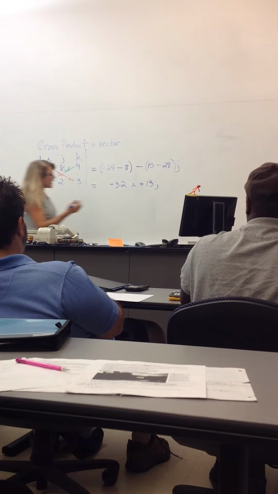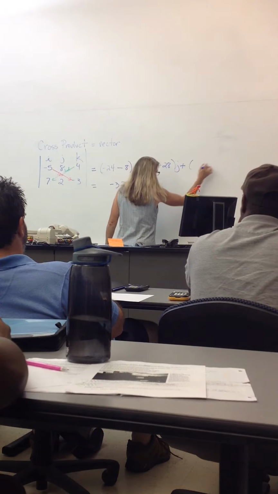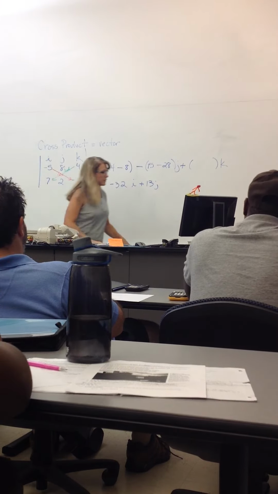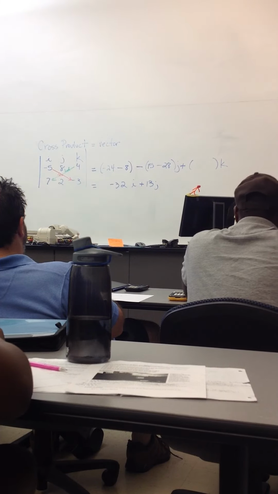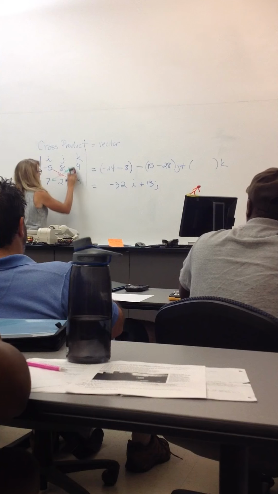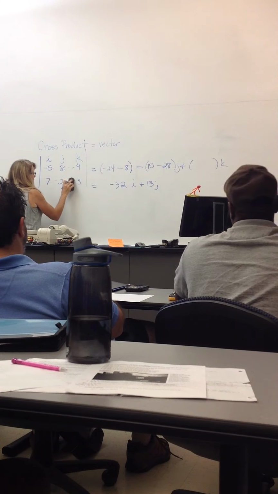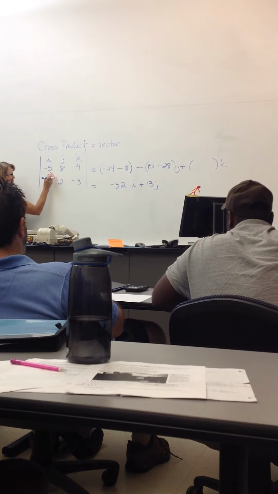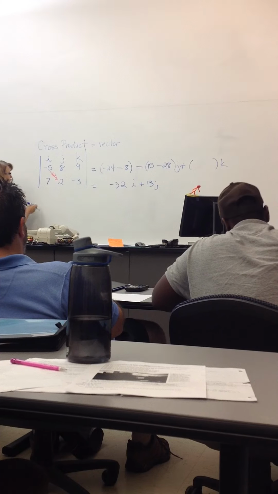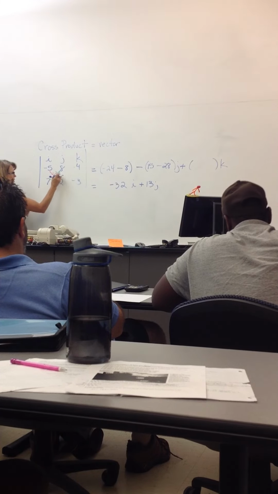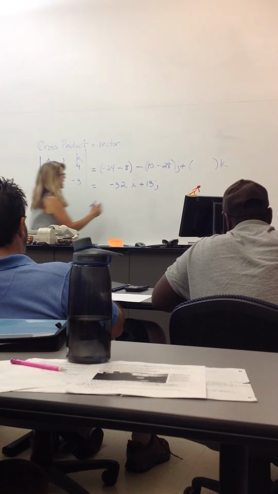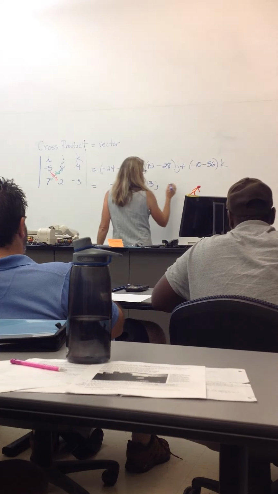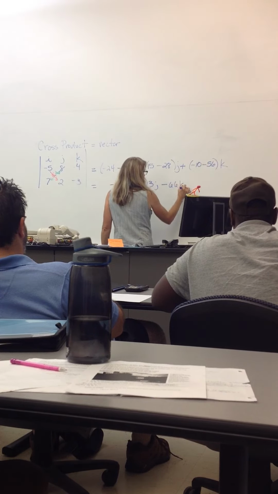And then for K or Z, you do the same thing. You ignore Z and you just work with X and Y. So we multiply these two together first, and then these two together second, and I get negative 10, and then I subtract 56, and that will give me negative 66.